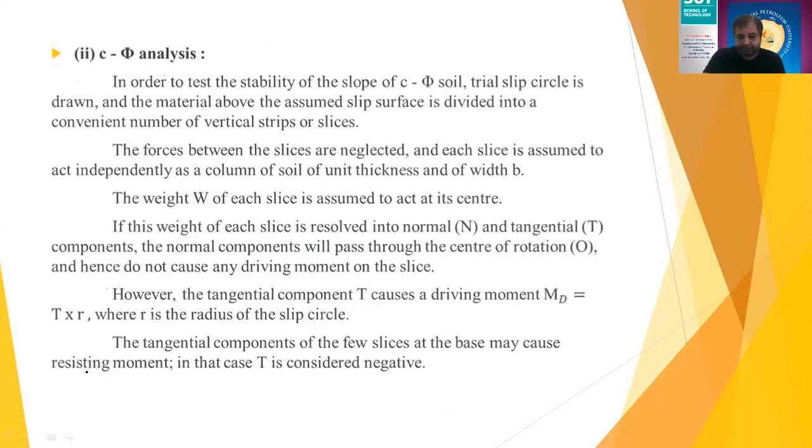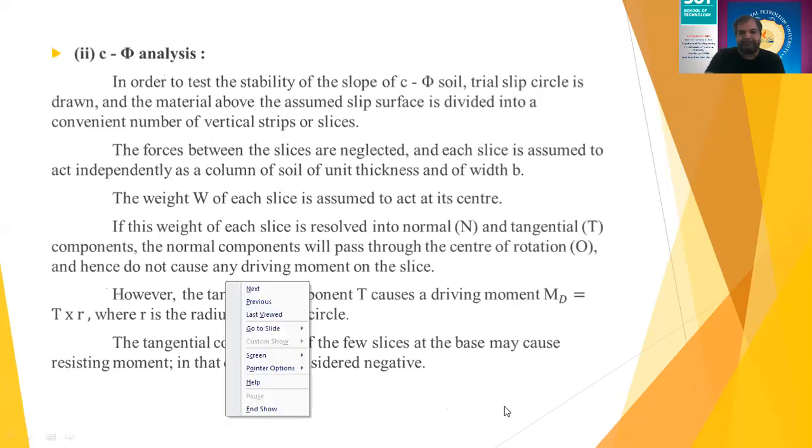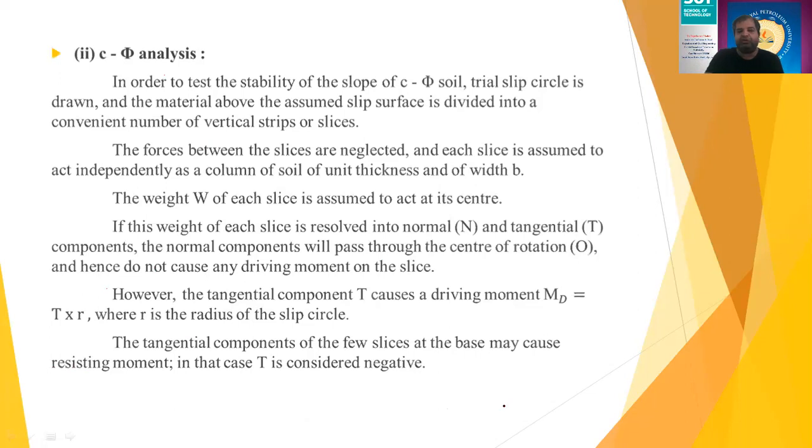However, the tangential component will cause the driving moment Md, which is nothing but T into R, where R is the radius of the slip circle. The tangential component of a few slices at the base cause the resisting moment. And in that case, the T is to be considered as negative.